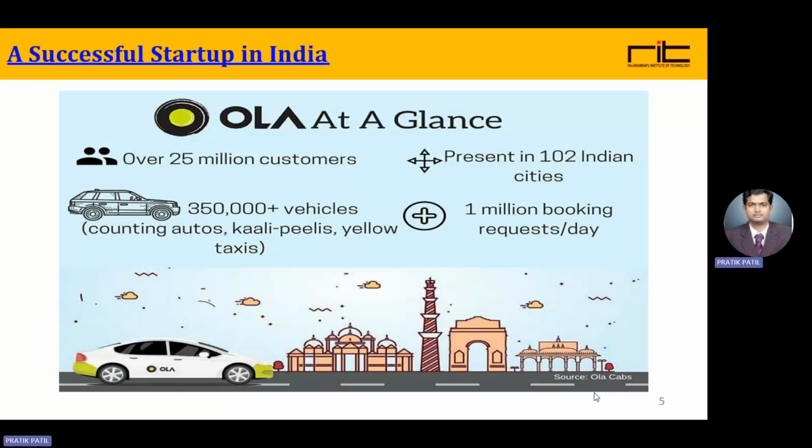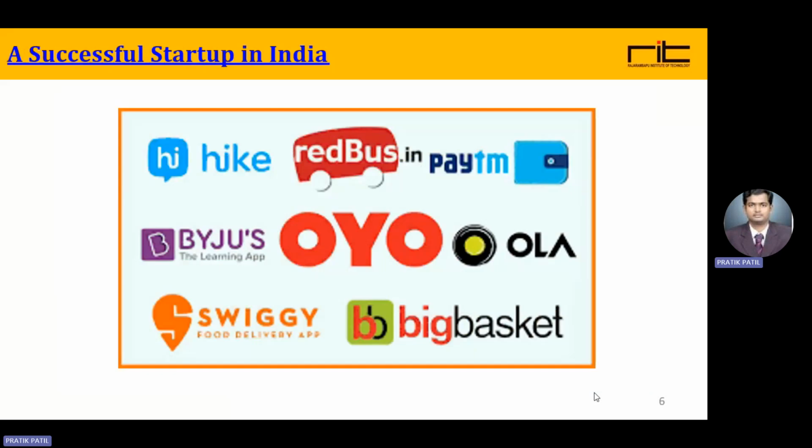One interesting thing I would like to bring to your notice is that these Ola startup founders are not owning a single car. They have more than 4 lakh vehicles right now, but they are not owning them. So this is the power of entrepreneurship. Money or funds are no bar. Your idea or the problem statement you have is very important.